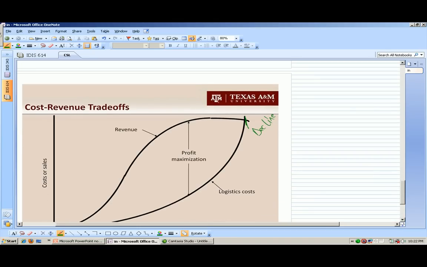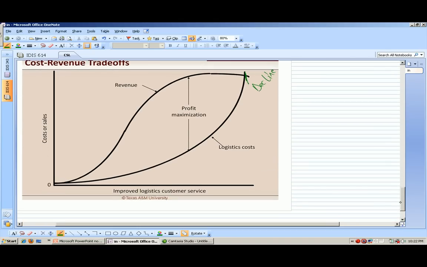profit maximization. In this graph, this is my logistics cost, which affects my customer service level.